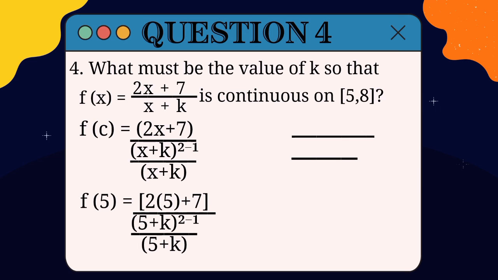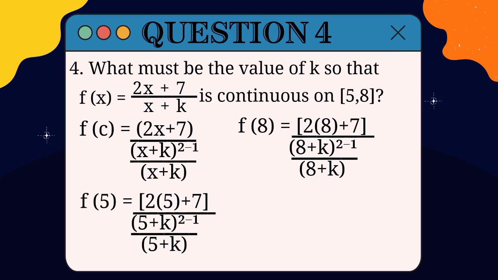Derivative of 5 is equal to 2 times 5 plus 7 over 5 plus k squared minus 1 over 5 plus k. Derivative of 8 is equal to 2 times 8 plus 7 over 8 plus k squared minus 1 over 8 plus k. Since the function is continuous on the interval, the derivative must be equal at both endpoints.